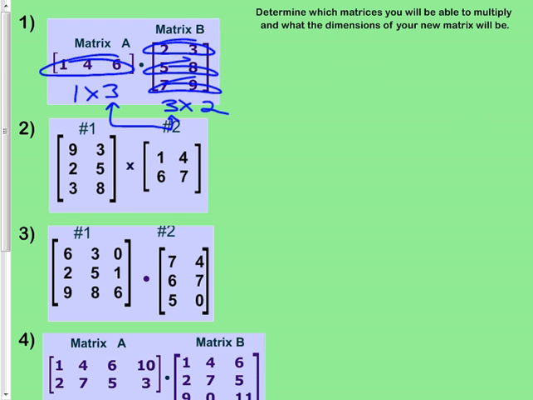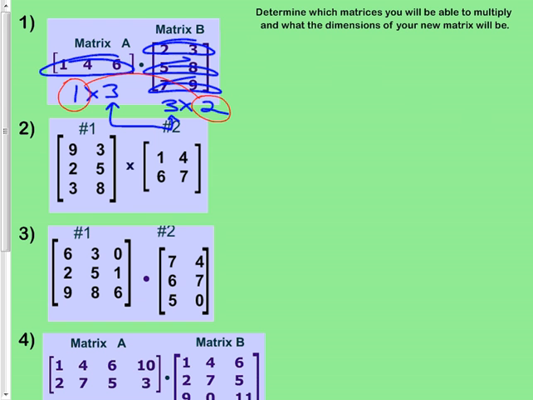And if they can multiply together, they are going to create an answer that is this by this. So the 3's matching on the inside tells me that these can work, these can multiply together. And the ones on the outside tell me what size of a matrix I'm going to have. It's a 1 by 2.